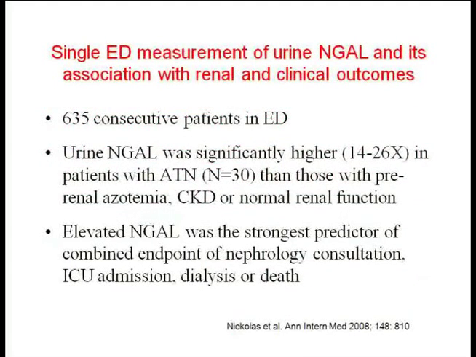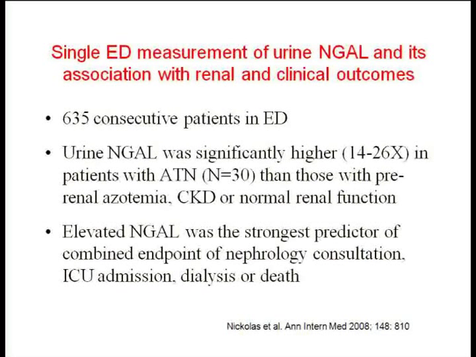One such study, you have the graphs in your handout. This is a summary of the Nickolas study. 635 patients admitted to the ED at Columbia in New York. They measured NGAL, neutrophil gelatinase-associated lipocalin. This is a substance that has protective effects. It has antimicrobial activities.